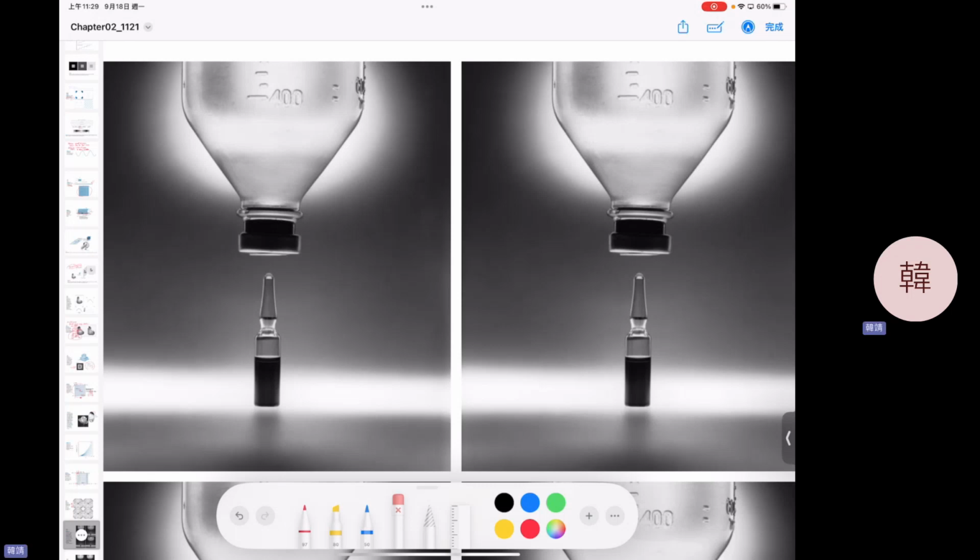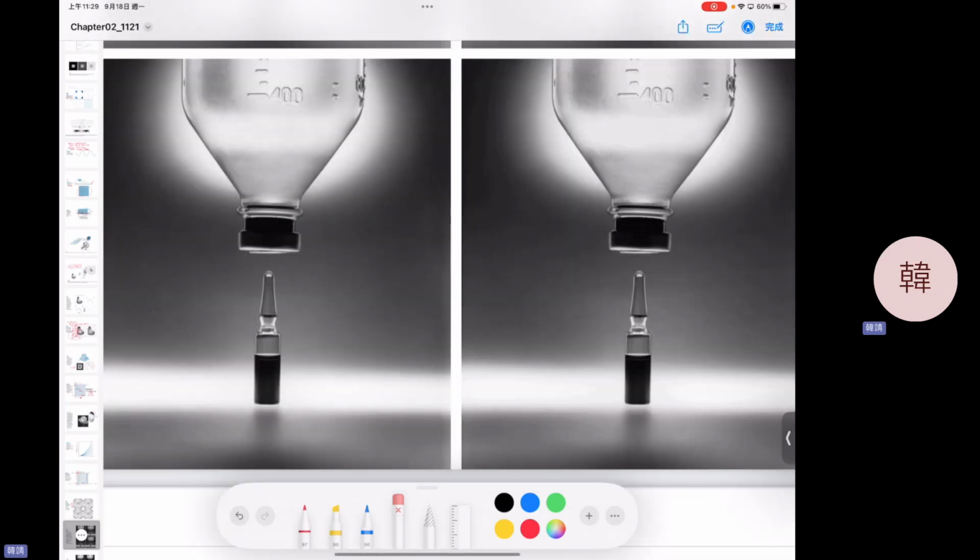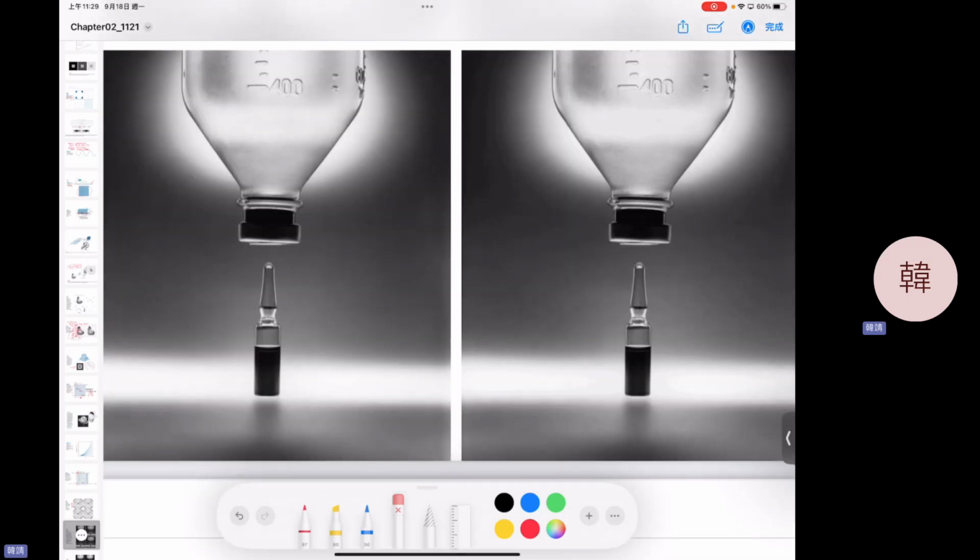Actually, our eyes cannot. That's why our eyes can only recognize maybe 20, 30 different levels at a time, roughly. It's not that easy to make a difference. Now, this is 6 bit, so 64 gray levels. Can you see the difference?